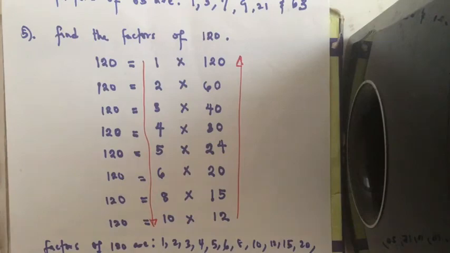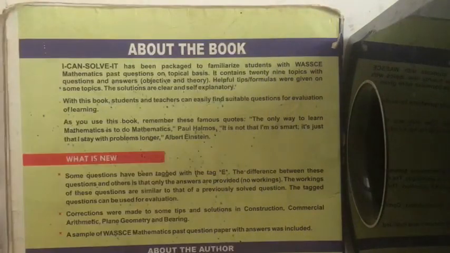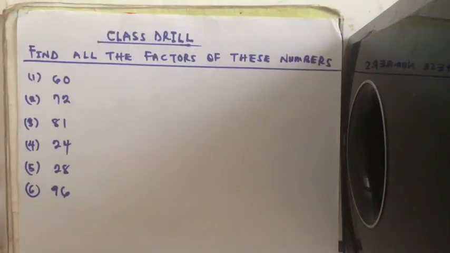Now, as you can see, this is going to be our assignment, class work. Here you're told to find all the factors of these numbers: 60, 72, 81, 24, 28, and 96.